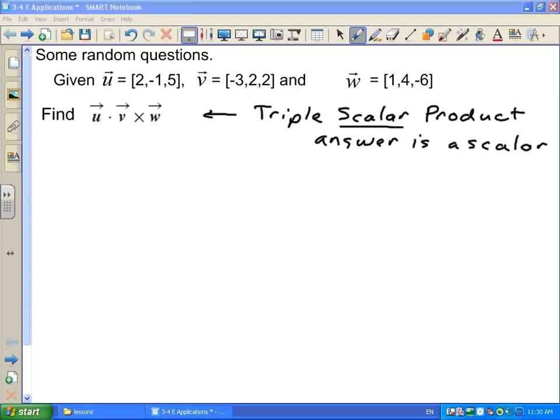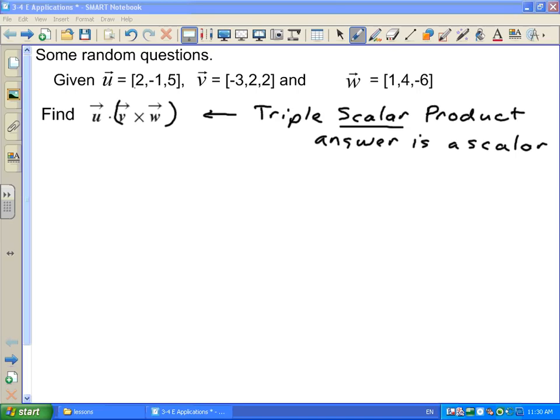The reason is the order that you have to do these things in. It's often just written out like this, u dot v cross w, but there's an implied bracket here: you have to do the cross product of v and w first. If you do the cross product of v and w, you get a vector.